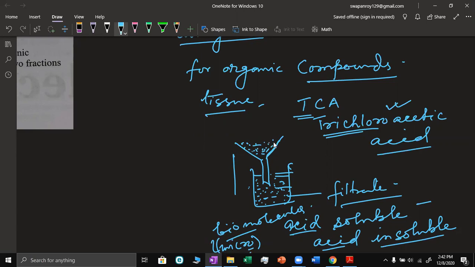Those which remain on the top of the filter and do not pass through it are the acid insoluble portion.